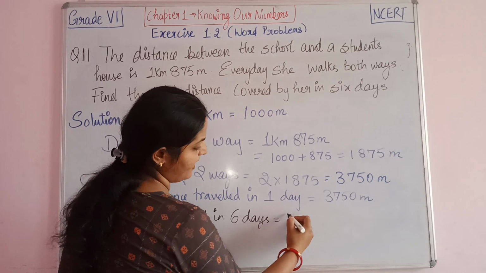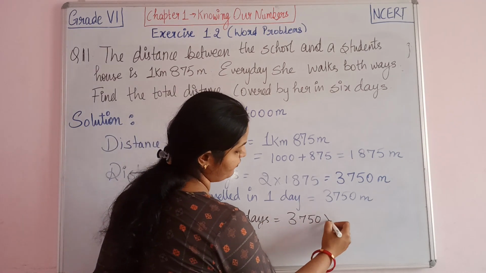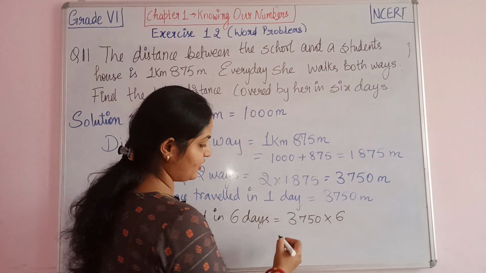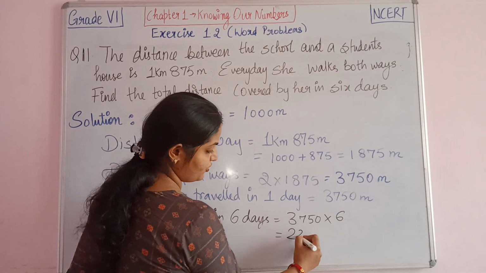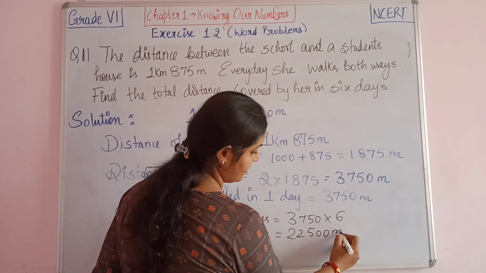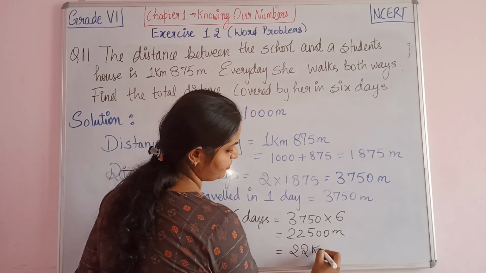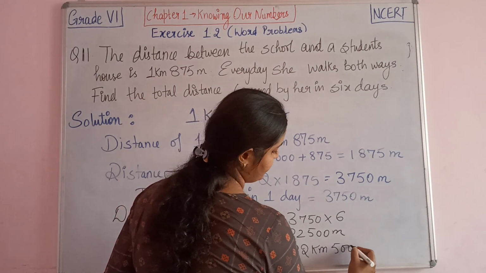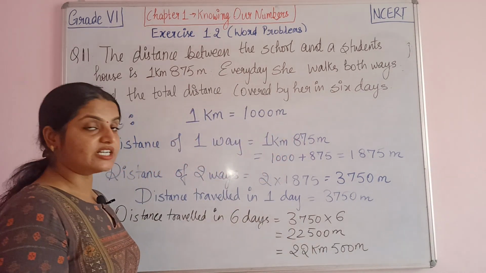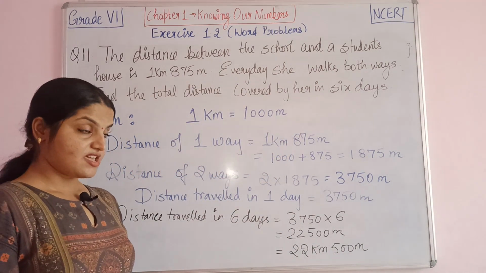We need to multiply 3750 with 6. So what we get for this multiplication is 22500 meters, or in kilometers if you want to write, we can write 22 kilometers 500 meter. This is the total distance traveled by her in 6 days.